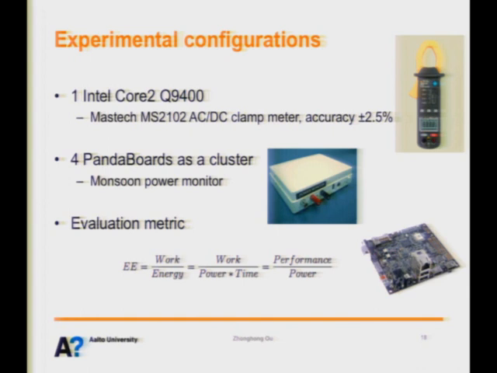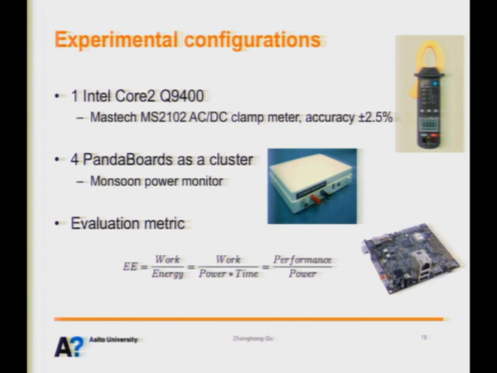One is this Intel Core 2 Q9400, and the other is four Pandaboards. Pandaboard is an ARM-based development board with a dual core 1 GHz CPU. We built a cluster of 4 Pandaboards, and compared this ARM-based cluster to the Intel server to see their differences in performance and energy consumption.